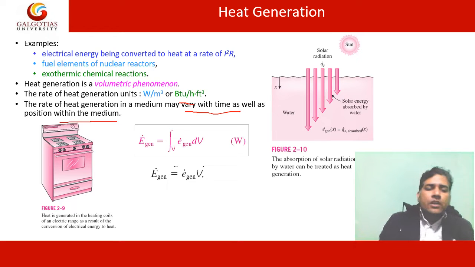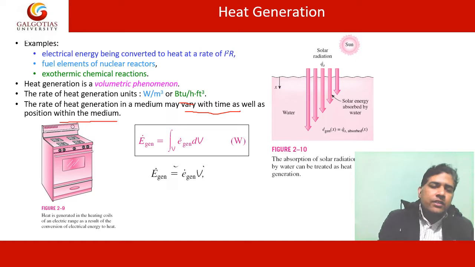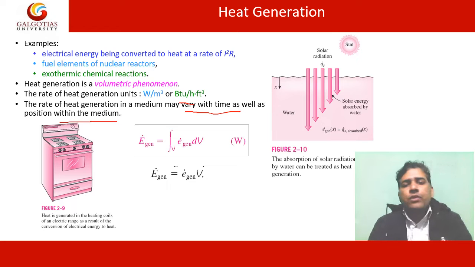For example, in the heating coils of an electric range, heat generation may be different between two places.